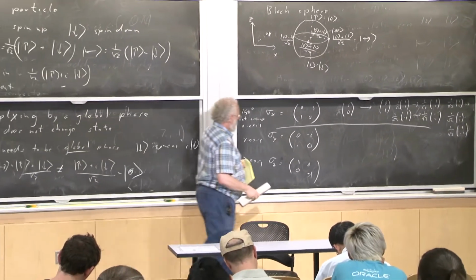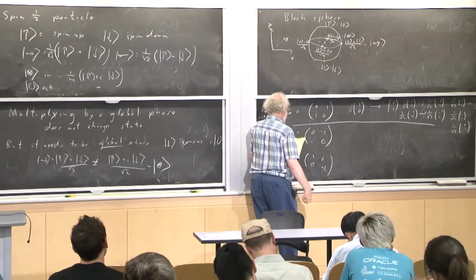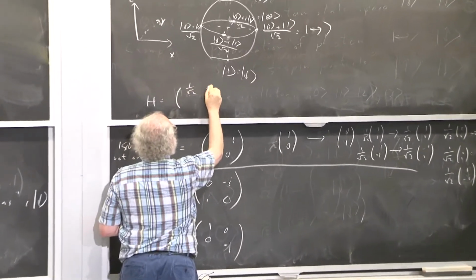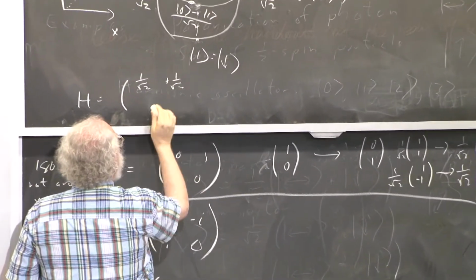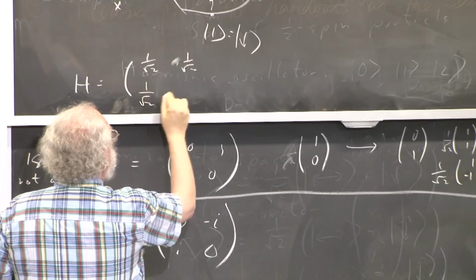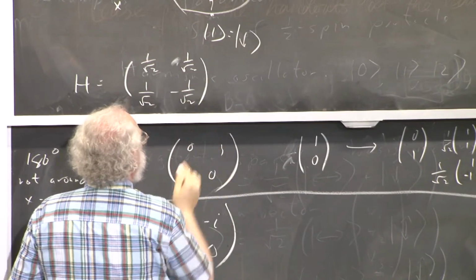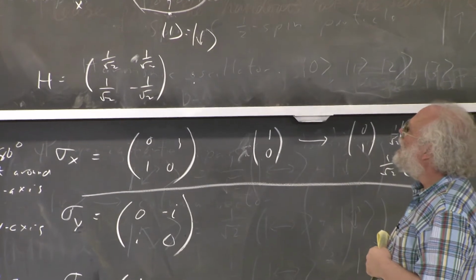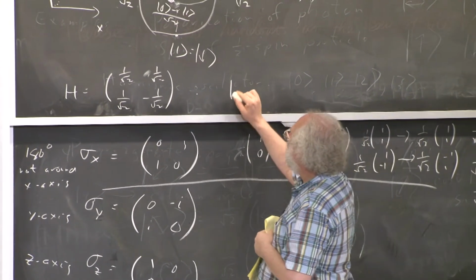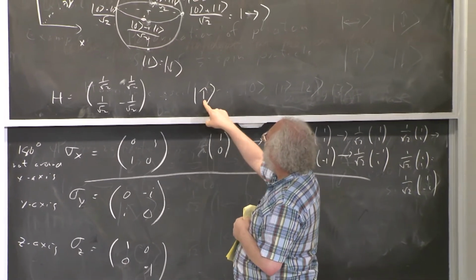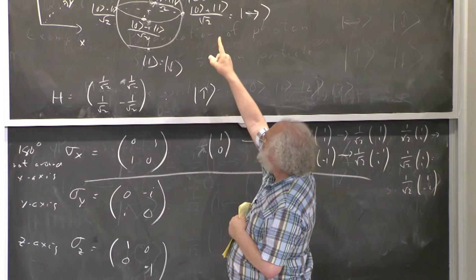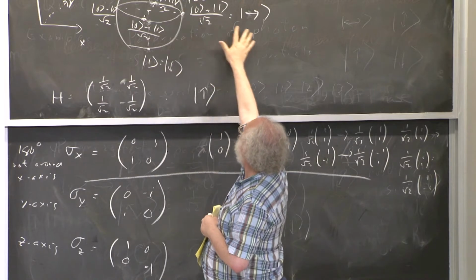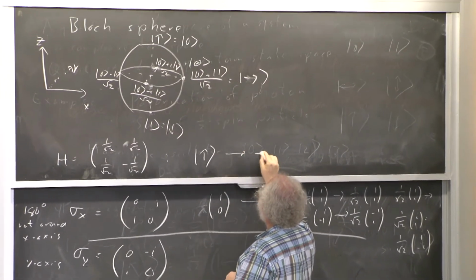So let's figure out another one. H is equal to 1 over root 2, 1 over root 2, 1 over root 2, minus 1 over root 2. Okay, what does that do? Well, it takes a vertical, which is 0, to 1 over root 2, 1 over root 2, which is 0 plus 1 over root 2, to the right.